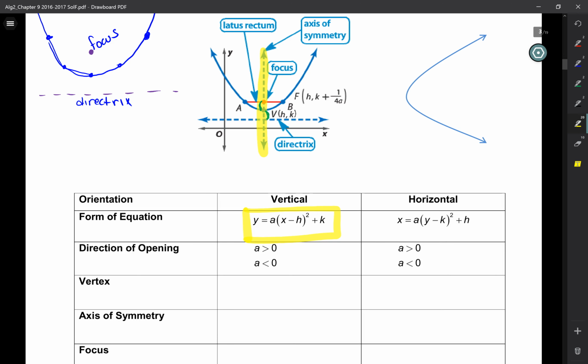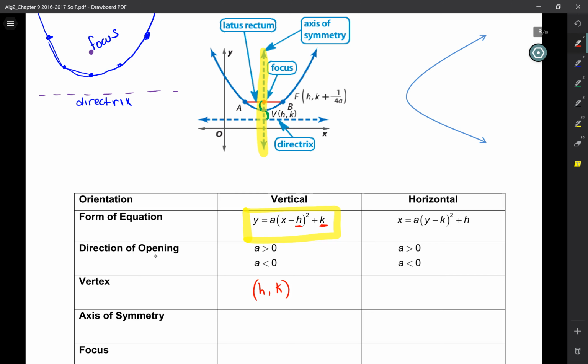So basically, one of the variables is squared and y is alone. So now, from here, in chapter 5, we called this vertex form, if you remember. So from here, this variable and that variable, h and k, is my vertex. So the vertex is (h, k).